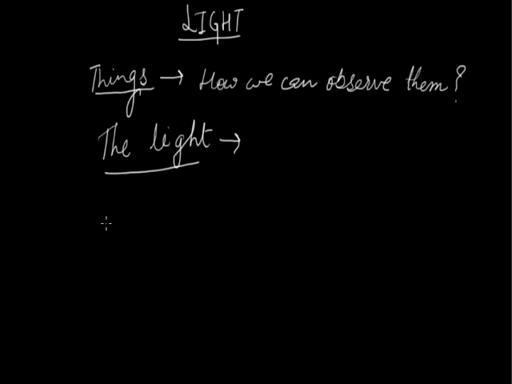So if we ask what is light, we should always remember that light is a form of energy. It is just a form of energy which is invisible itself, but makes things visible for us.